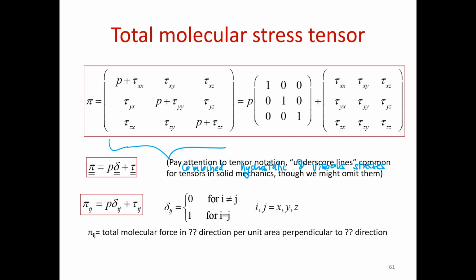That was force in the x direction felt on the y plane. So the notation is, in j direction, whatever j is, it could be x, y, z, in i direction. Force is in i direction, and area is perpendicular to j.